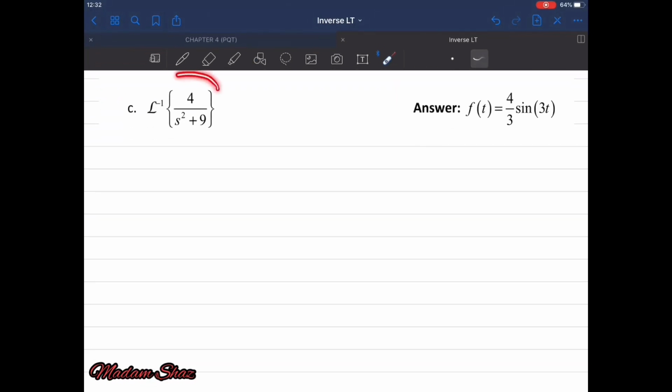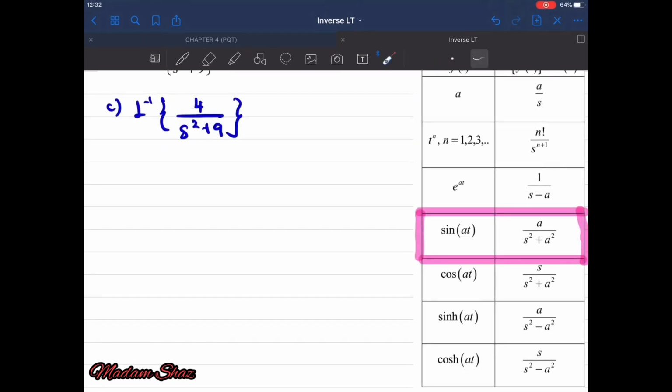For example C here, the Laplace inverse of 4 over s squared plus 9. You have to refer to the table of the Laplace transform, where we have a constant at the upper side and s squared plus a square at the bottom side.